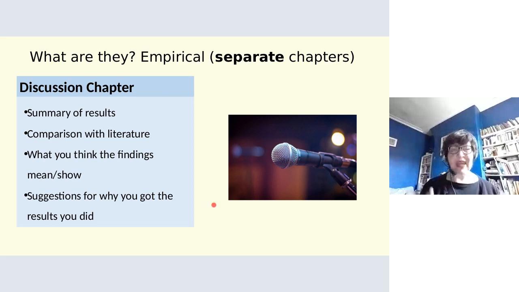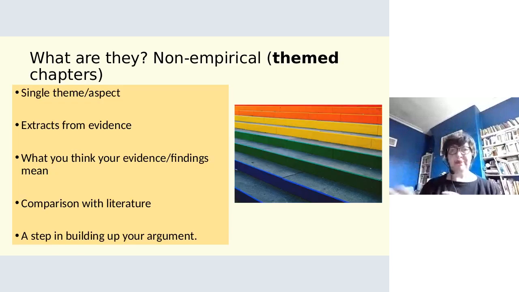Now, those of you, however, who are either writing the findings and discussion together or are doing the non-empirical style, so remember, that's where each chapter is like a key theme for your question, you do need to blend them together. So if you are doing a non-empirical dissertation, really try and focus each chapter on a key theme.